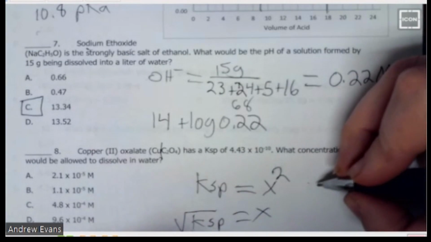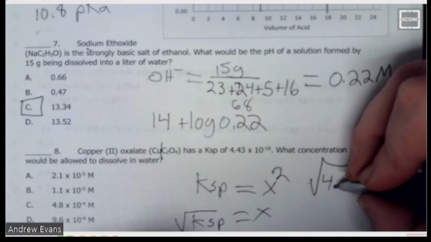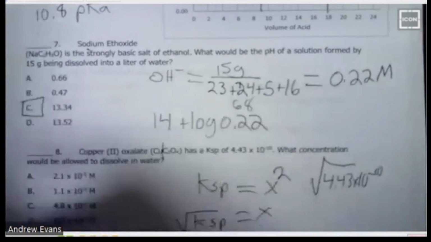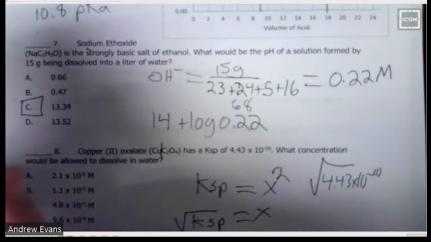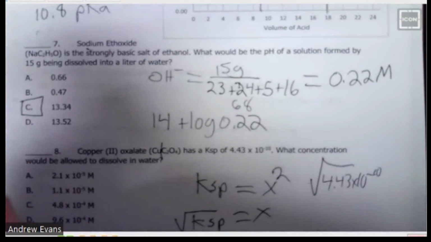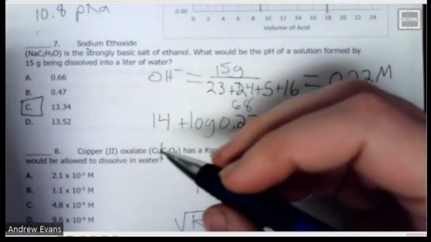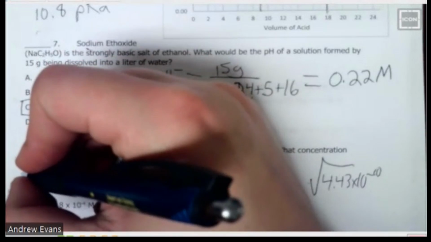So the square root of 4.43 times 10 to the negative 10th is going to be 2.104 times 10 to the negative 5th.